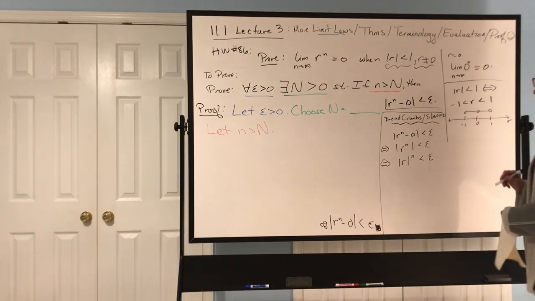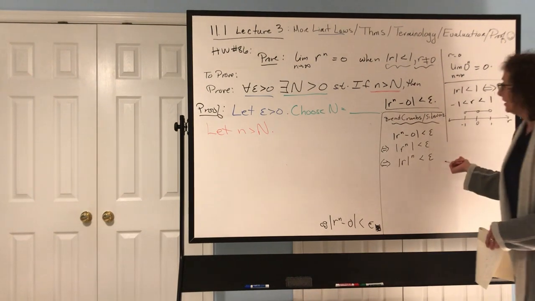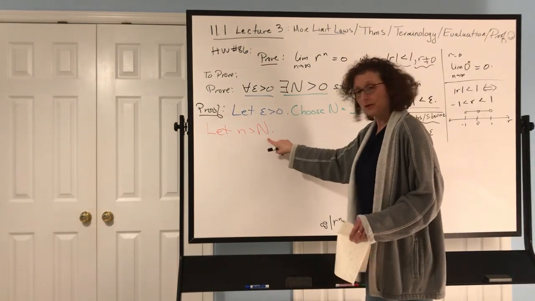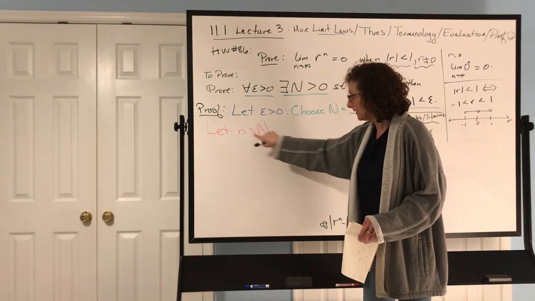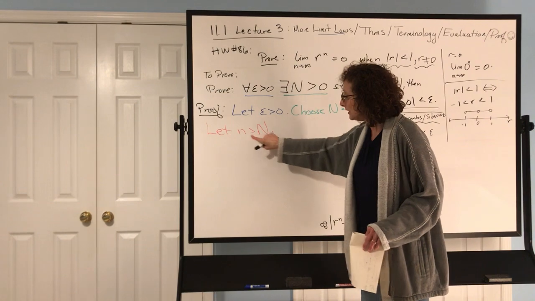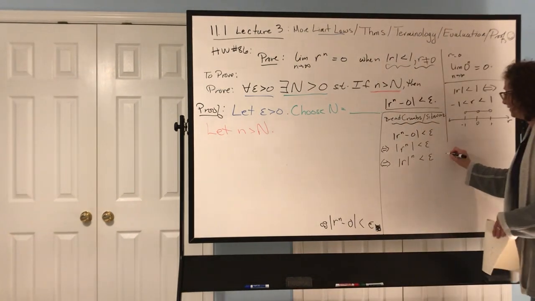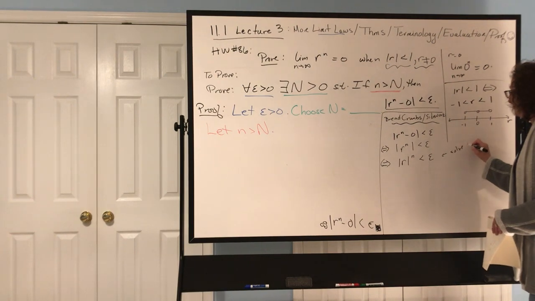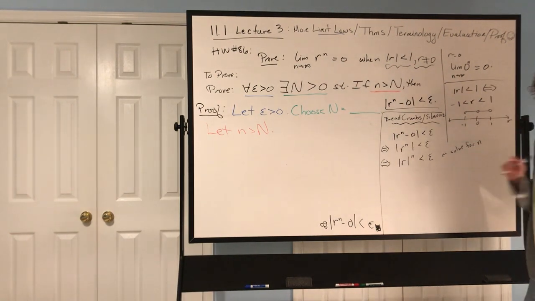Now, what was always the goal here? We want little n to be bigger than capital N. We don't know what this should be, and in order to find it, we need some inequality with little n. So we need to solve this for little n.